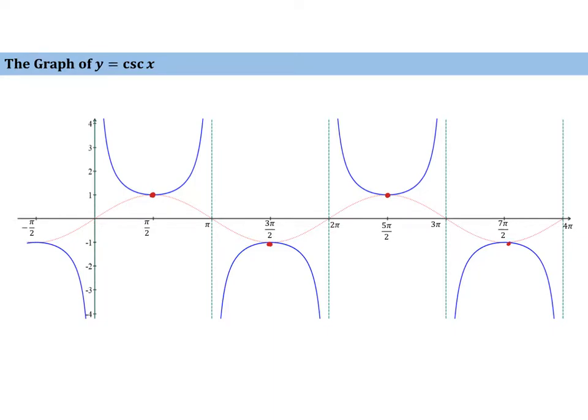And any time that we have an intersection of the sine function and the line of oscillation, in this case the x-axis, we have a vertical asymptote.